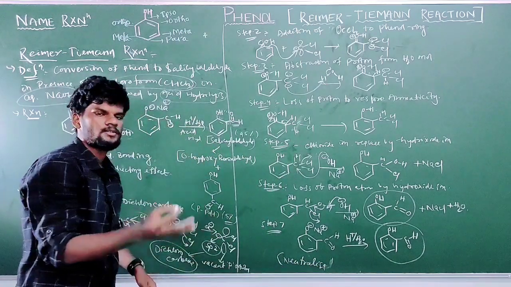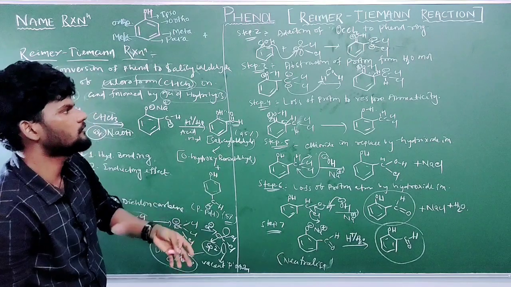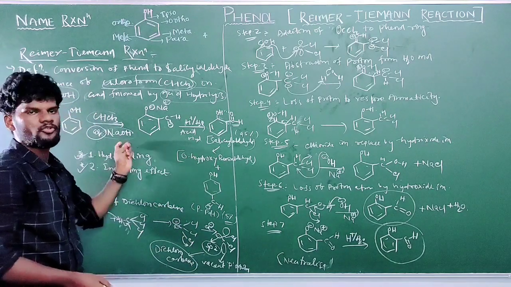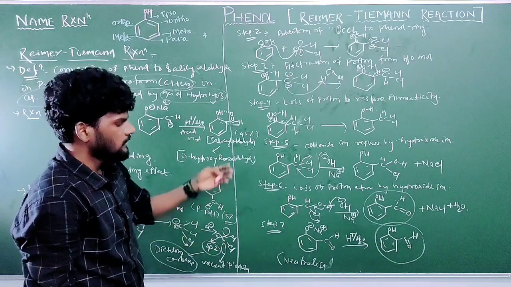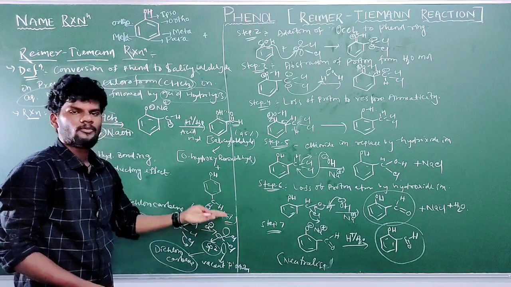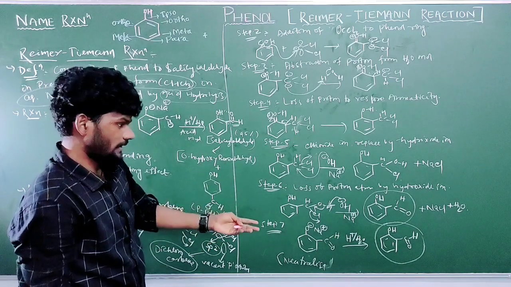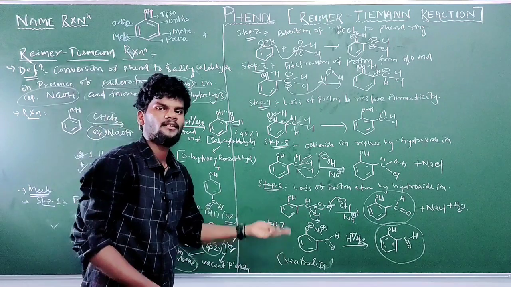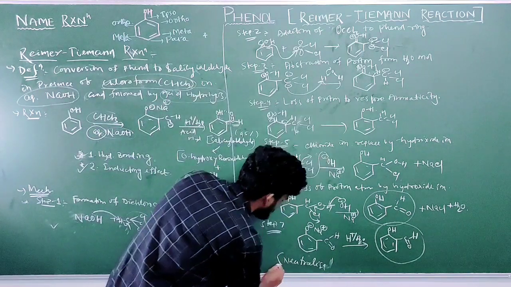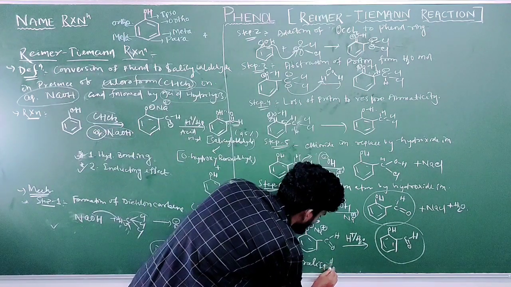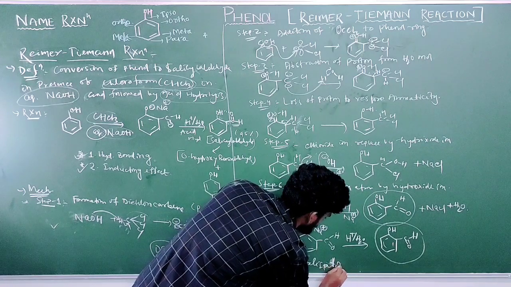If in the reaction mixture you have wrongly taken excess sodium hydroxide, then at the last step it will be neutralized by acidic workup with 5% HCl or H plus water. That is why this step is known as the neutralization step.